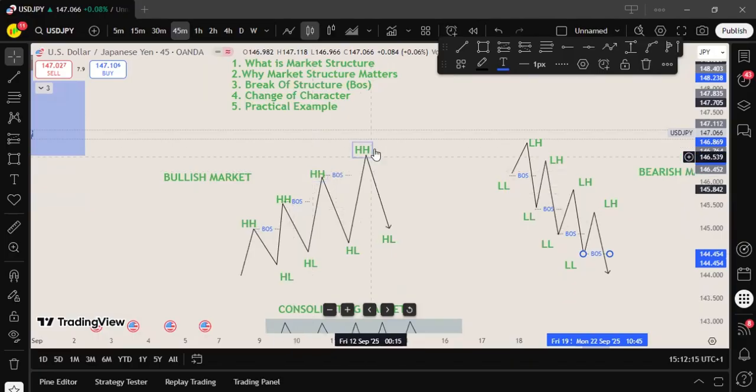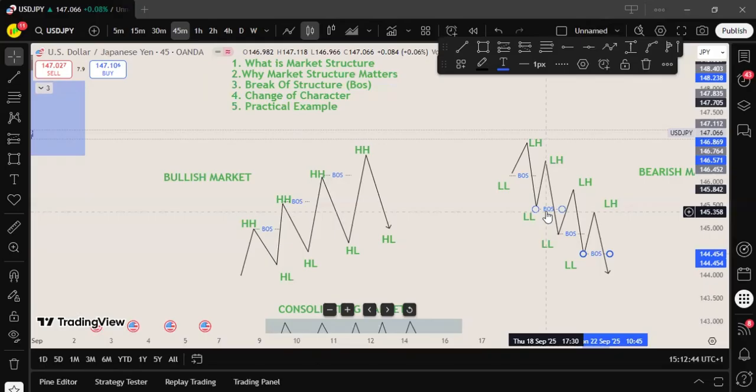But if the market is in a downtrend, you see it break a lower low, which is a break of structure, creating a series of lower highs and lower lows. Break of structure means the market breaks the previous higher high or lower low. Please don't get confused.